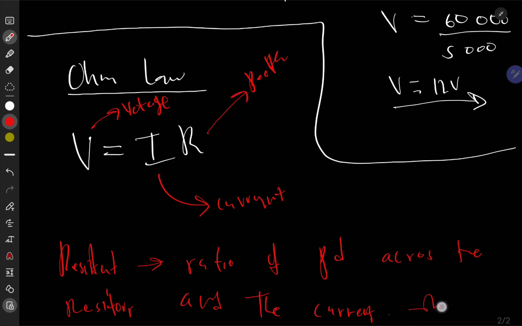And it's measured in something called ohms. This is a symbol, a Greek symbol called omega. It's a big omega, because the small omega is written differently, so don't worry about that.